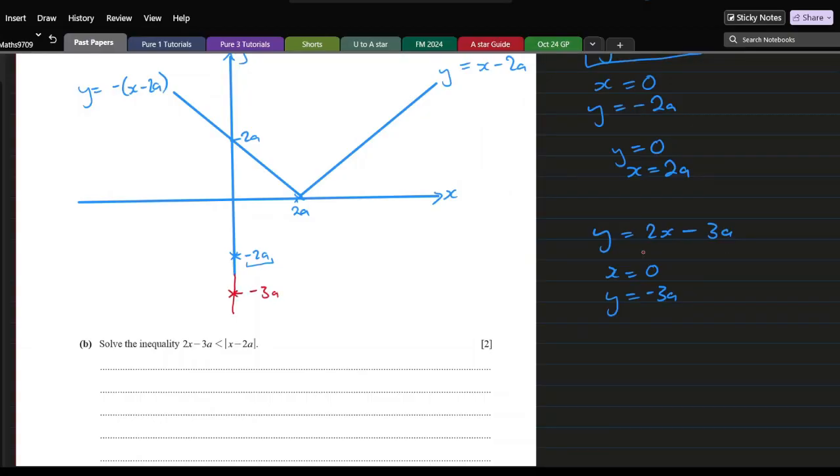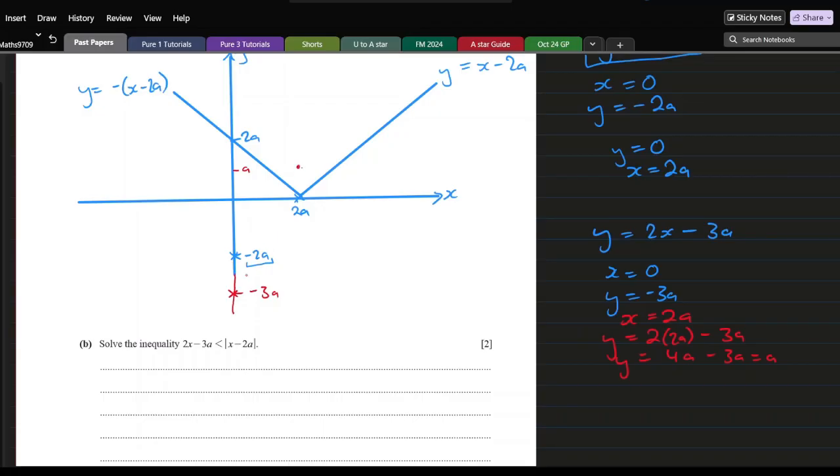And then we need another point that lies on this line. Let's do when x is equal to 2a. So when x is 2a, y is equal to 2 times 2a minus 3a. So y is 4a minus 3a, which is simply a. So we've got when x is 2a, we're saying our y value is at a, so it would be somewhere right here.